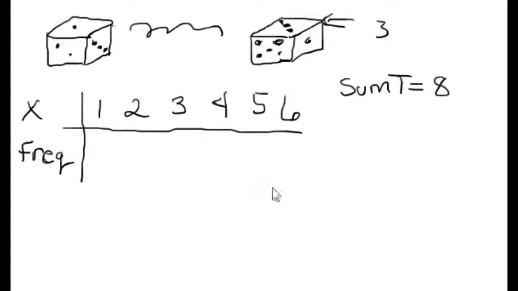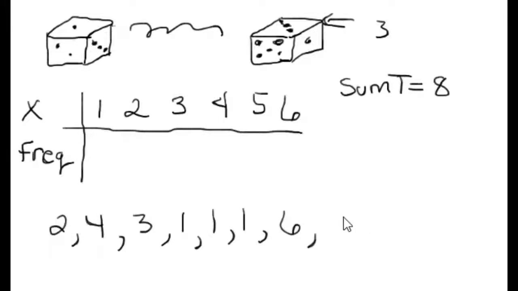Now we're going to run this experiment again. We call this an experiment, and every time we roll, we call that a trial. This time we're going to speed things up a little. We rolled a 2, a 4, a 3, a 1, 1, 1, 6, and 5.